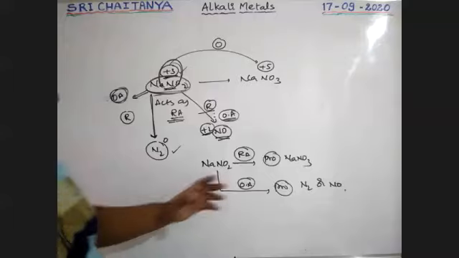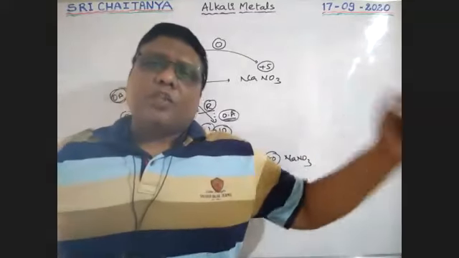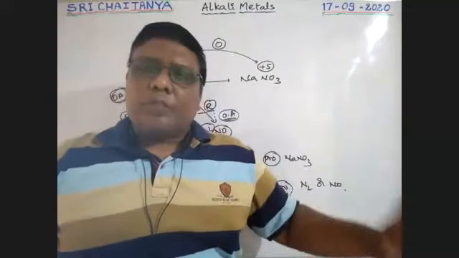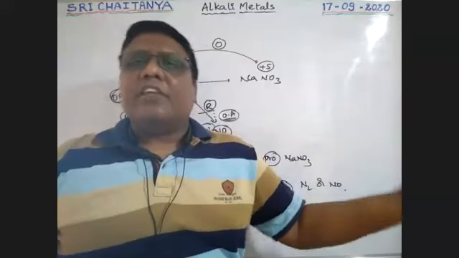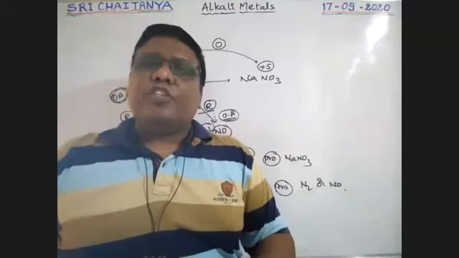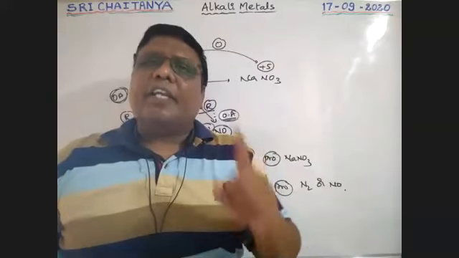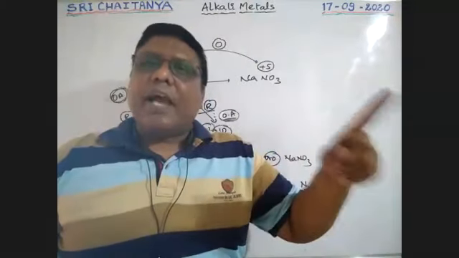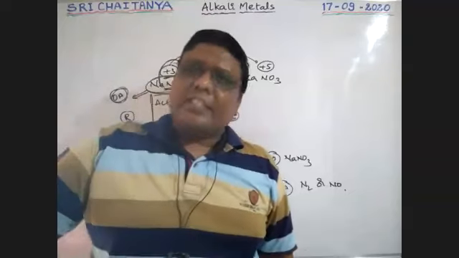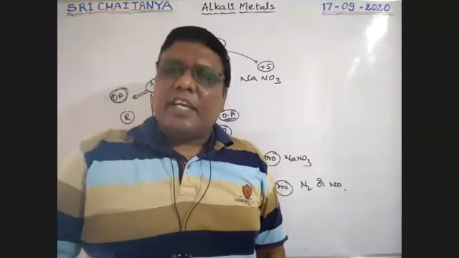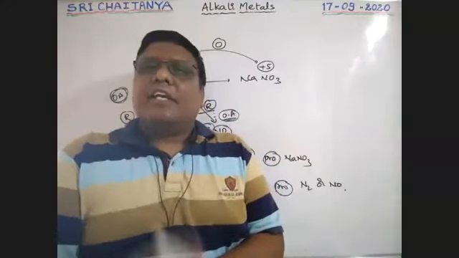For example, if an element is in its highest oxidation state, further oxidation is not possible, so it is itself reduced, which means it acts as an oxidizing agent. Any element in its highest oxidation state acts as an oxidizing agent, in its least oxidation state acts as a reducing agent, and in its middle oxidation state acts as both.